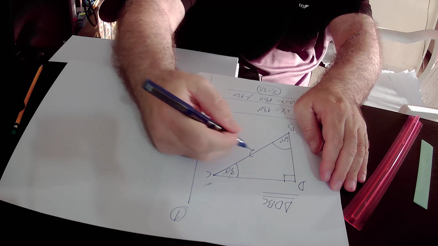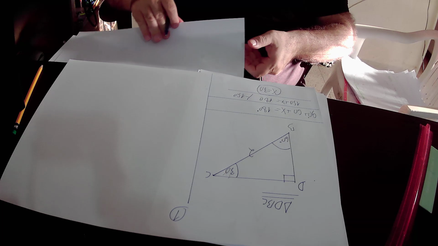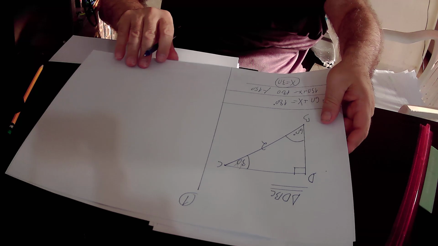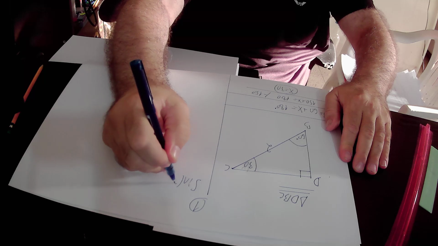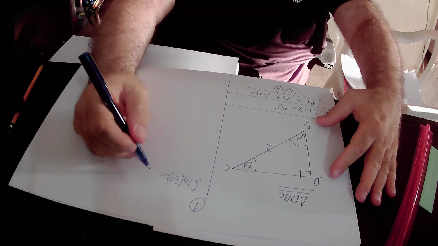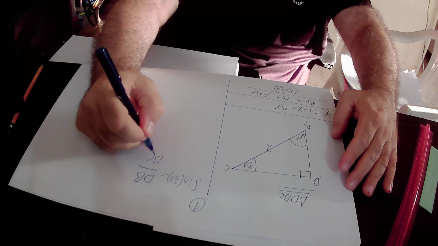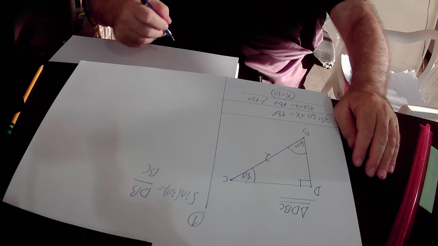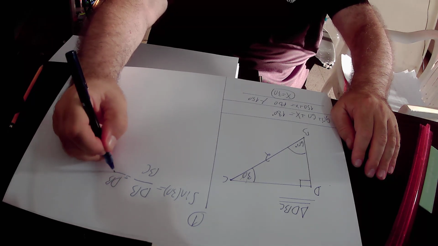We'll continue to focus on the right triangle, triangle DBC. In the right triangle DBC, sine 30 degrees is equal to DB over BC.